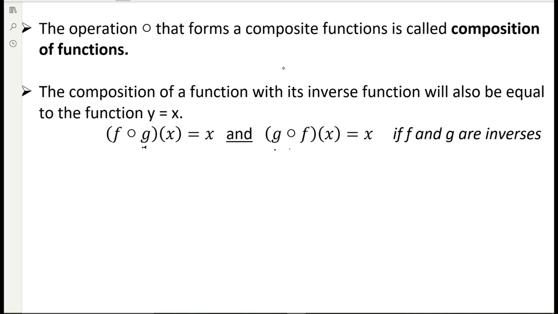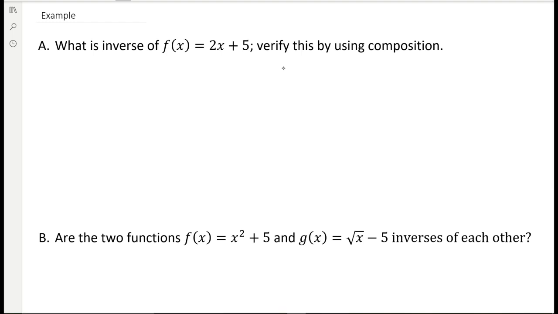So we're going to actually test this out on a few functions. So what is the inverse of f of x equals 2x plus 5? Verify this by using composition. So again, let's do the inverse first. So this is going to be y equals 2x plus 5. This is y here. And then swap x and y. So we get x equals 2y plus 5.